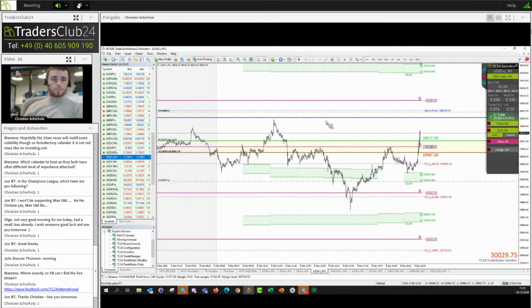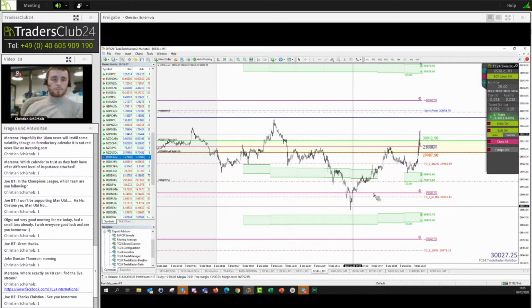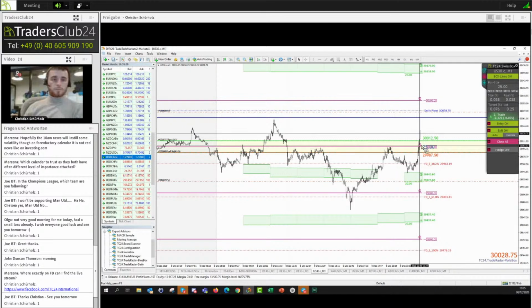Take profit is set just above the daily high. But as we can see here, there's also a bit of an upside down head and shoulders pattern forming. So again, here we've got the shoulder, head, and shoulder.